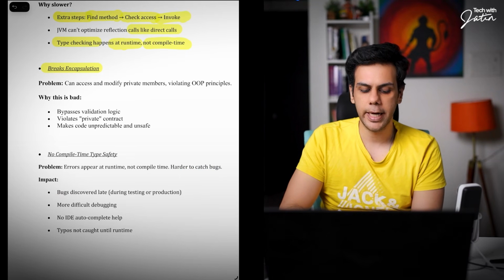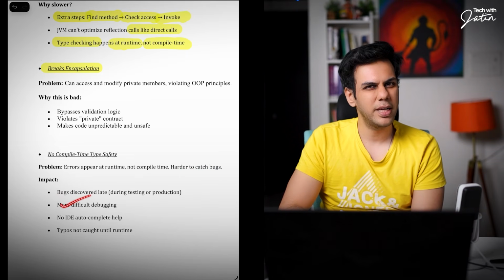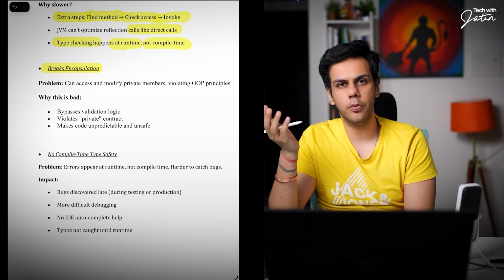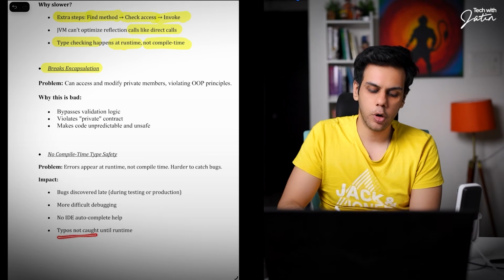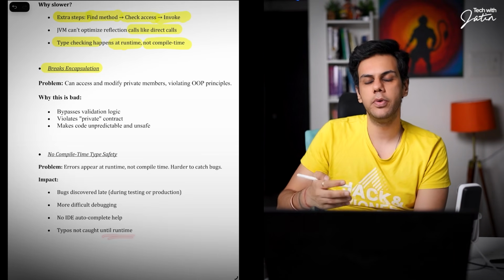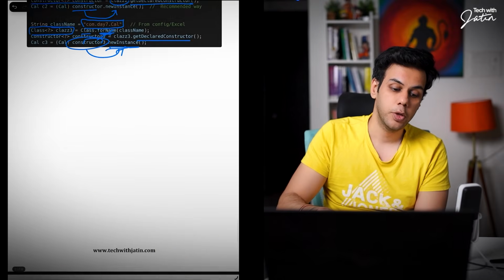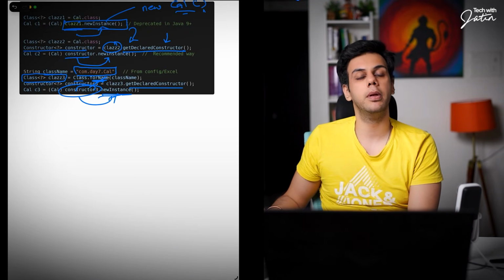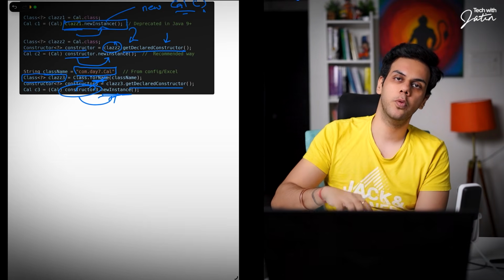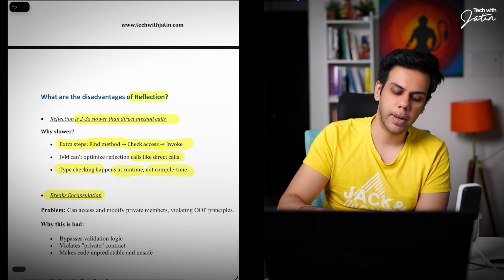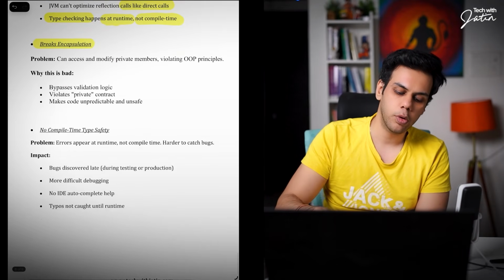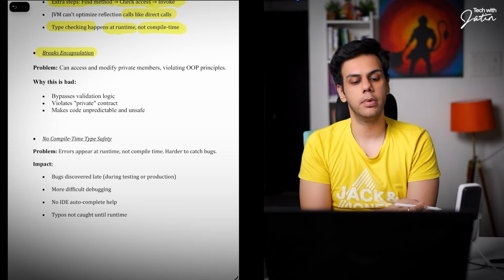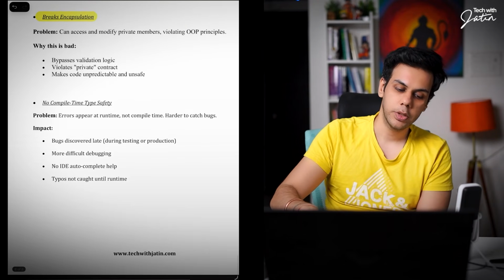Bugs are discovered late, with more difficulty in debugging. No IDE autocomplete help is going to work, and typos are not caught until runtime. So even if you make some mistake in the class name, method name, or variable name, you will not be able to catch it during compilation. You will only come to know about these things when your program executes, that is during runtime.